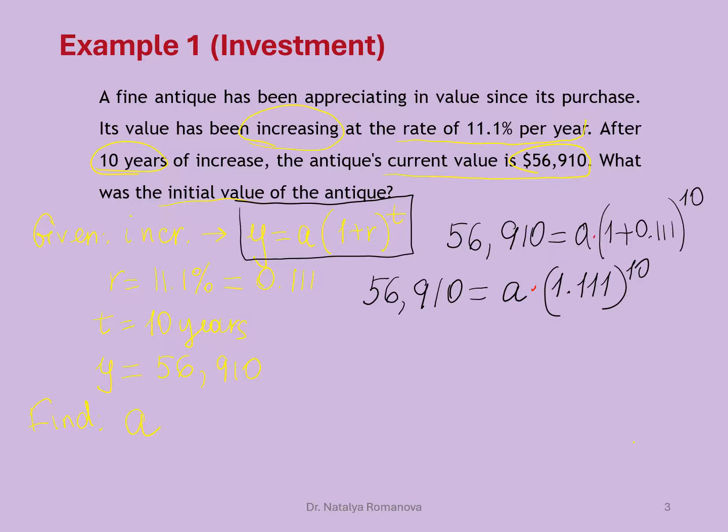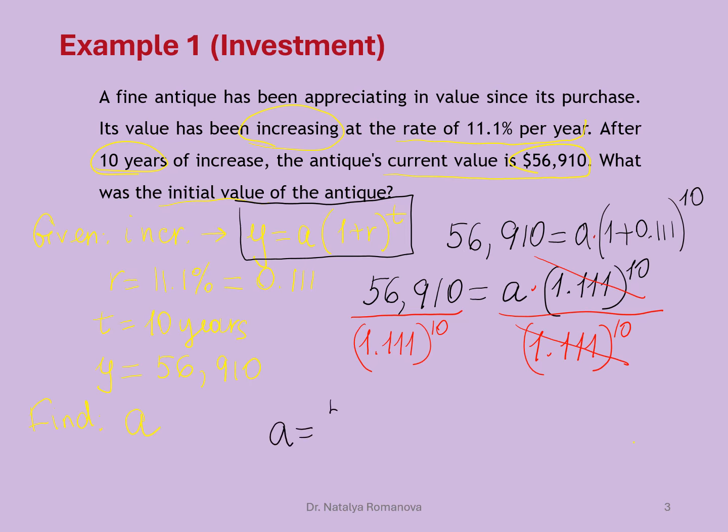We remember we need to isolate a, so we divide both sides of our equation by 1.111 to the 10th. We can cancel out on the right side of our equation, and we found a.